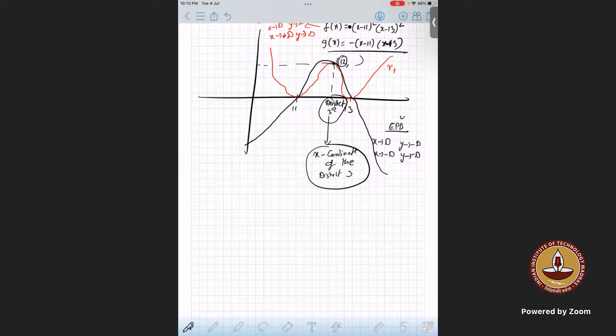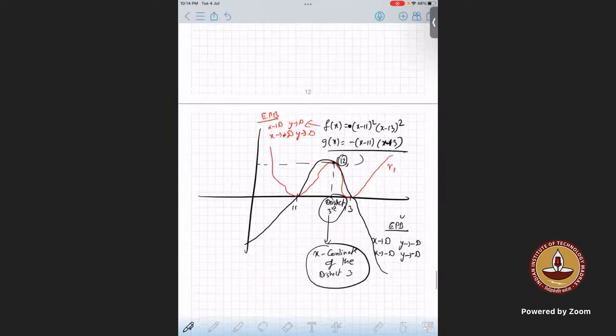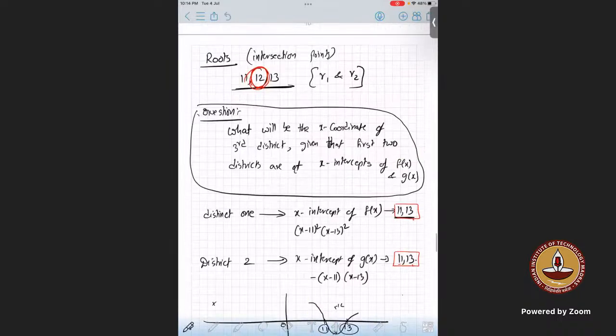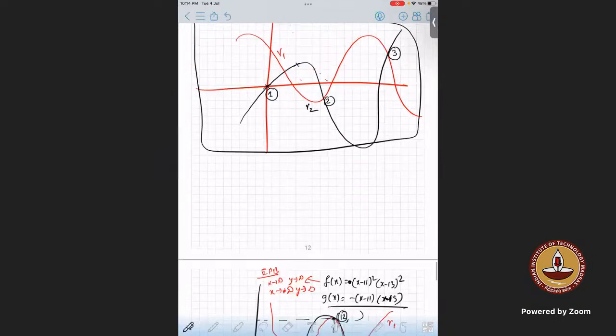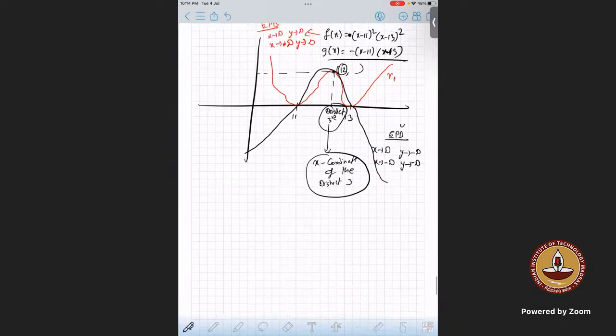If someone asks what the y coordinate is, you can follow the same thing. No, the y coordinate is, look, this is the R1 curve. This is the R2 curve.